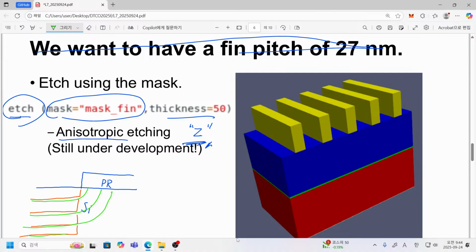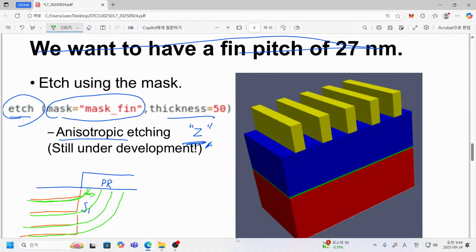Underneath of this PR, which is originally protected by photoresist, it can be etched away, because from this point, even X or Y directional etching can be possible. So we will have this kind of rounded shape in our etching profile.